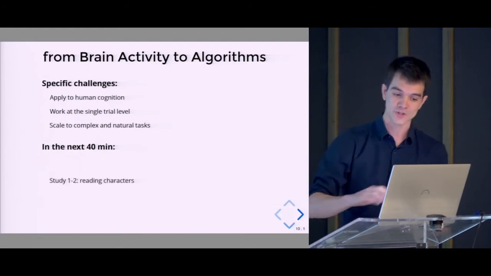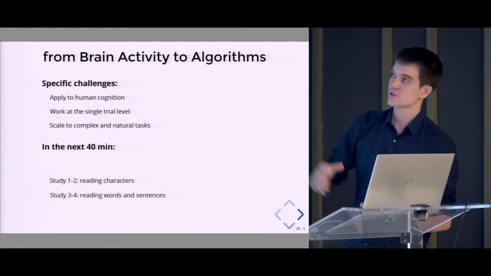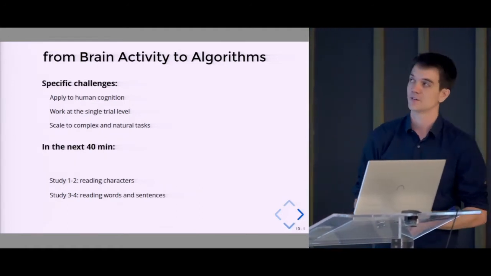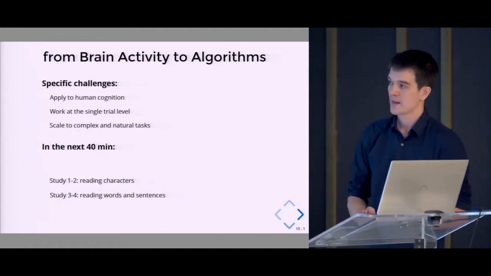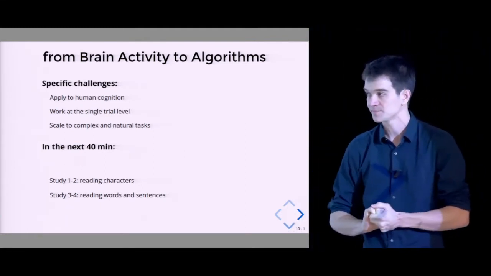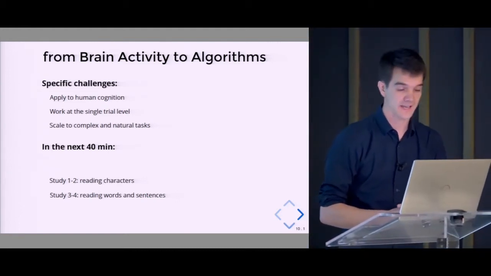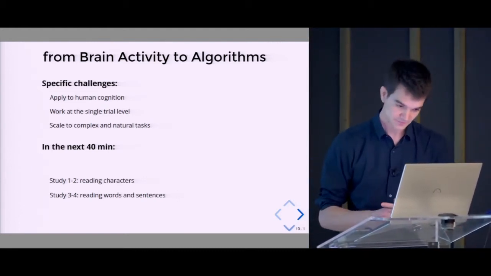So what I'll try to show you within the next 40 minutes is a couple of studies that illustrate how we address these kinds of challenges in the lab, starting from reading individual characters on the computer screen, and moving on to reading words and sentences.